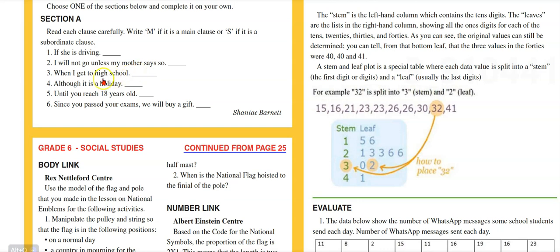You still need some more. All right. So again, S for this one. Until you reach 18 years old, you don't have the right to vote. Something like that. You need some more. Since you passed your exams, we will buy a gift. That could work on its own. So M for main clause.